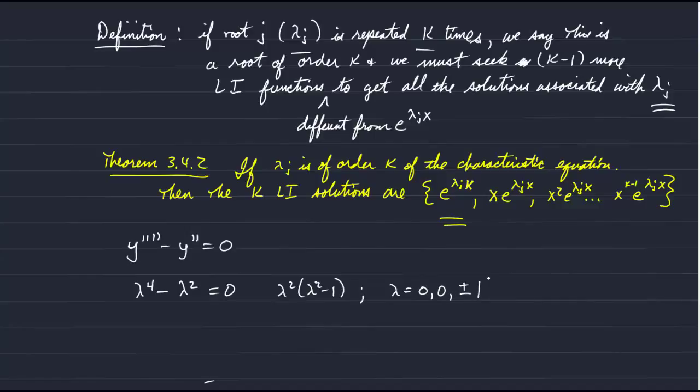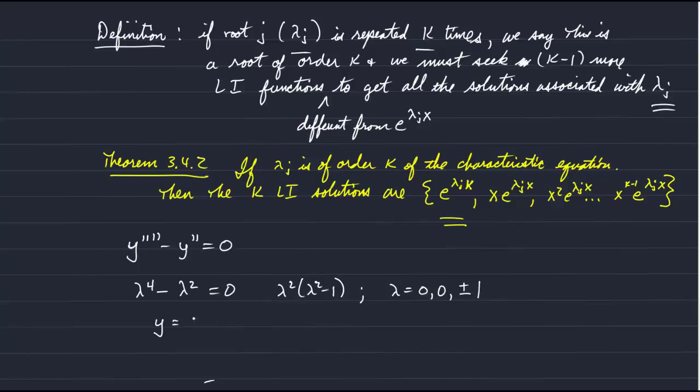So we have one repeated root, the 0. I'm sorry, we get plus and minus 1, so those are not repeated.